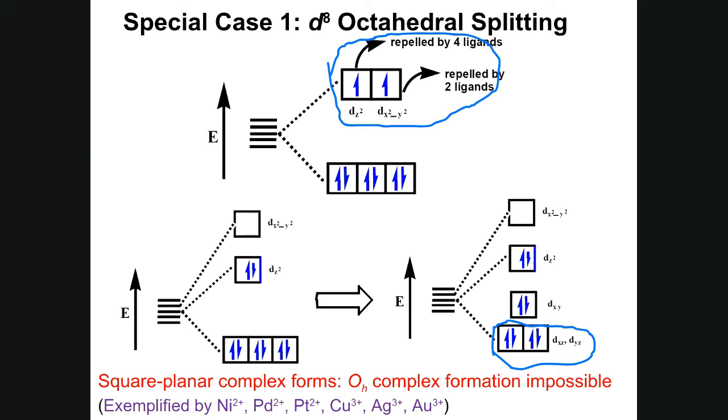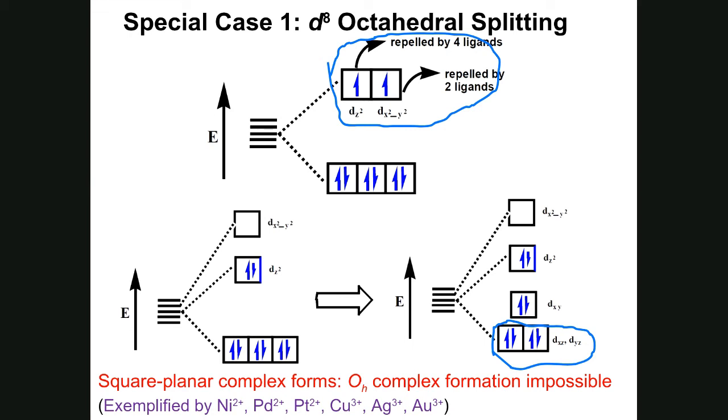Imagine yourself pulling out the ligands along the Z-axis. If you pull them out of the metal center, you're increasing the distance between the metal center and those particular ligands. So the interaction decreases. Remember, this is Coulombic, if you like. The force would vary with the inverse of the square of the distance between them.